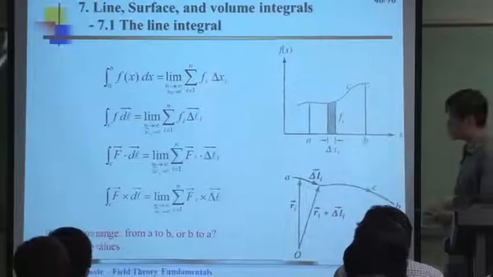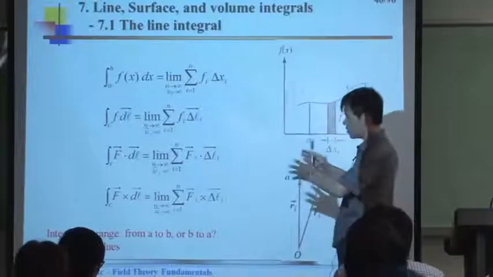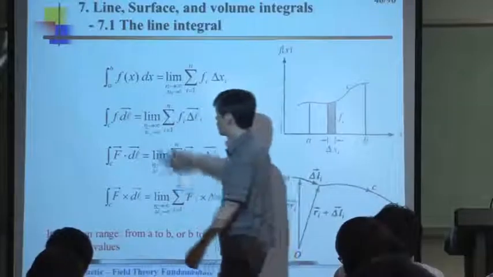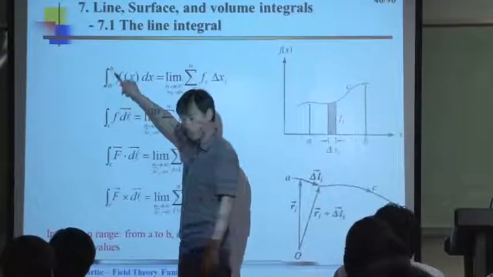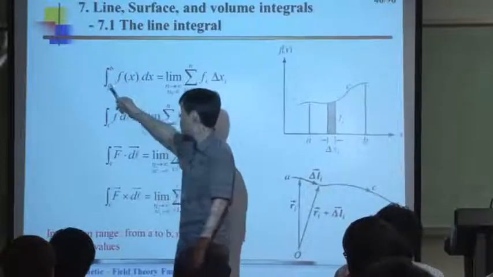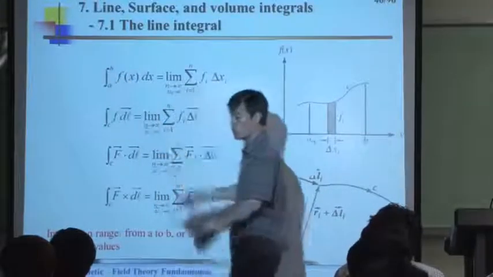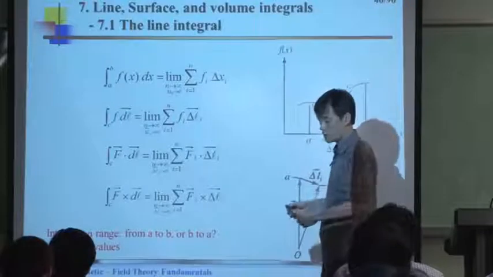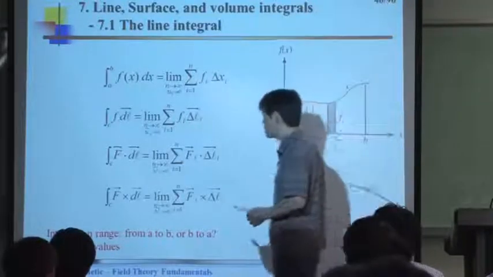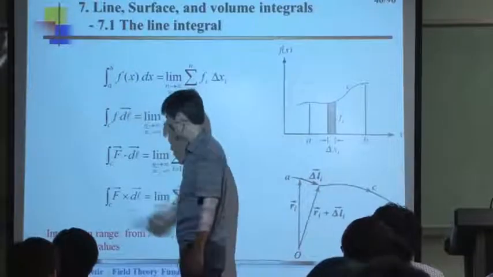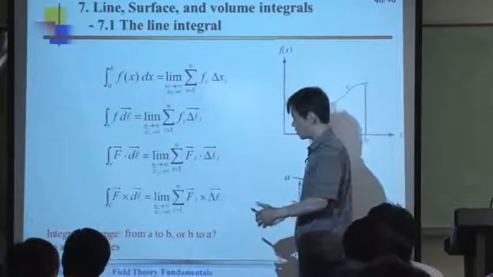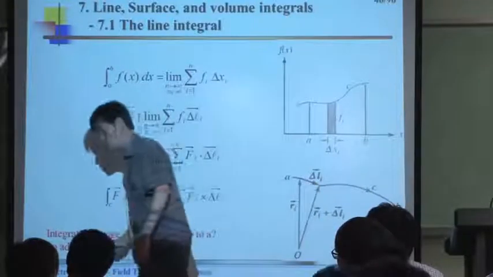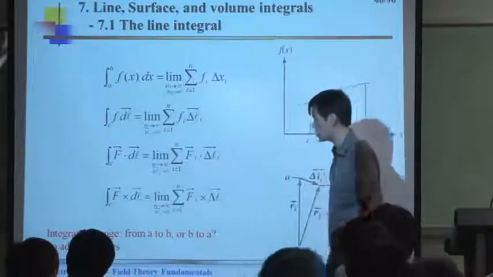And one more thing you need to remember is the integration. When you define the integration range, for example, in this case, from A to B, or there is one more choice, from B to A. Both of them are possible, but from the viewpoint of physics, this integration should be done to add the values. So by adding the values, it doesn't need to have the negative sign.